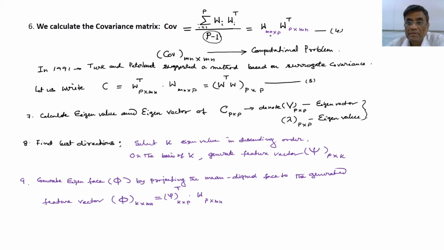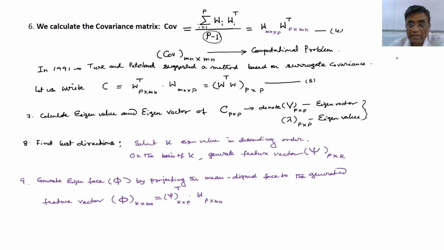So W is of dimension mn cross P, and W transpose is of dimension P cross mn. Then the dimension of the covariance matrix becomes mn cross mn. You see, it's a huge dimension.